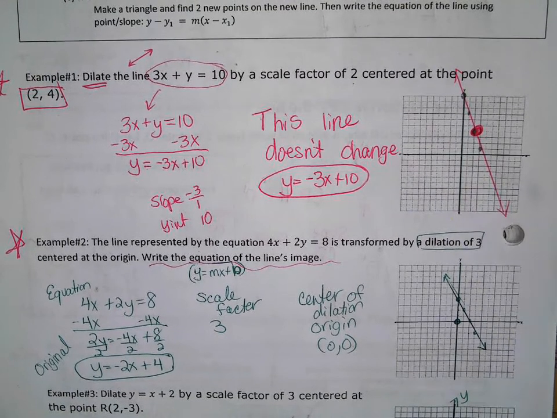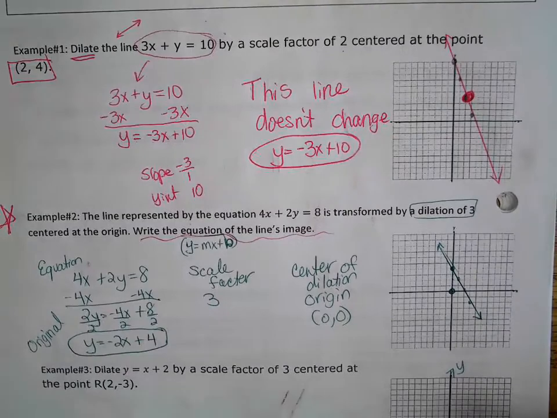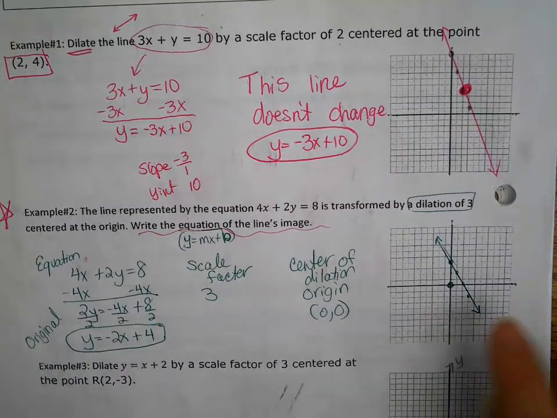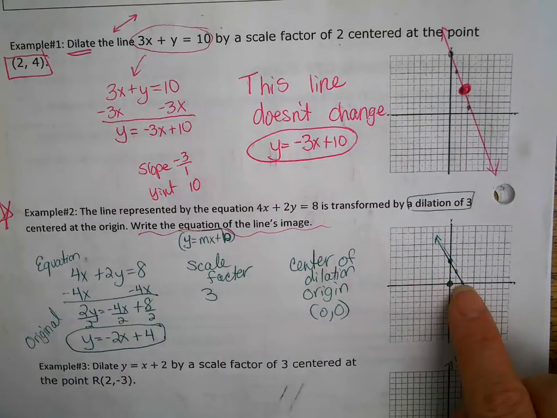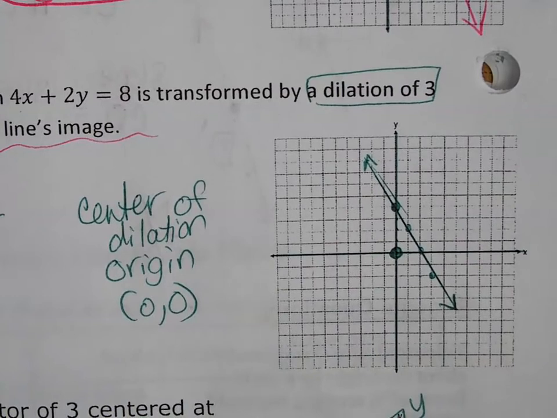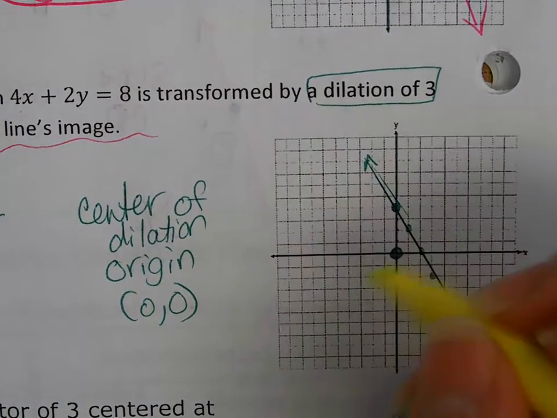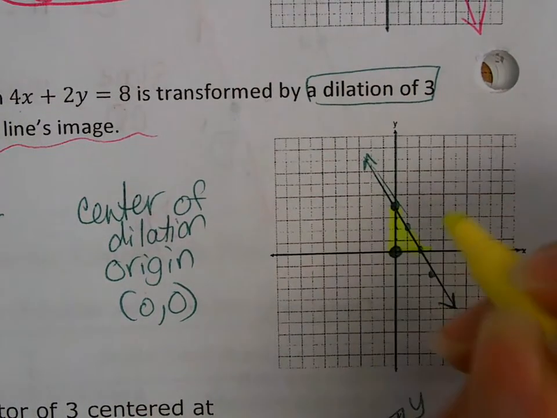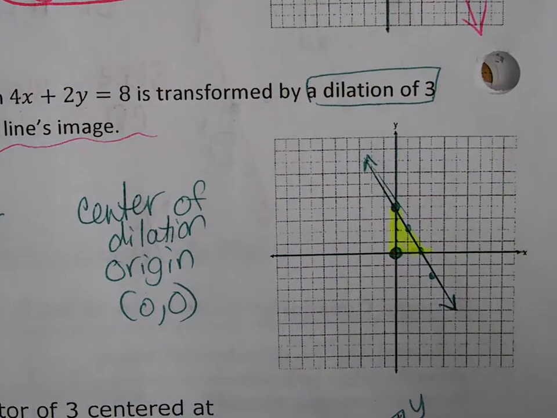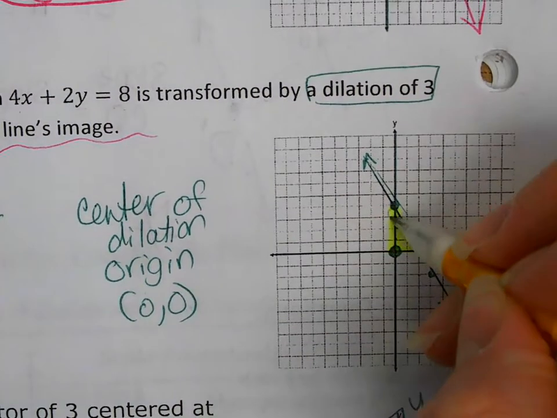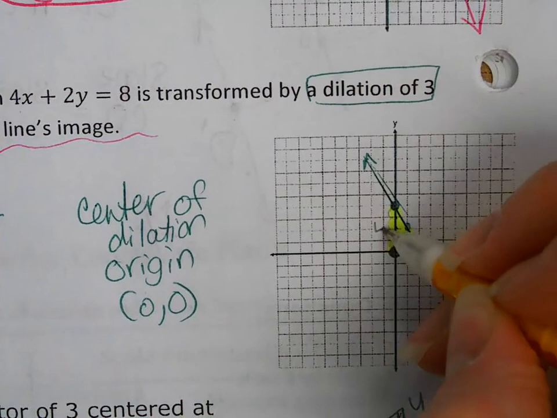Now this little triangle formed here is important. Do you see the triangle formed by this ordered pair, this one, and the origin? That triangle is going to be our key piece. It's 4 boxes up, right? 1, 2, 3, 4.